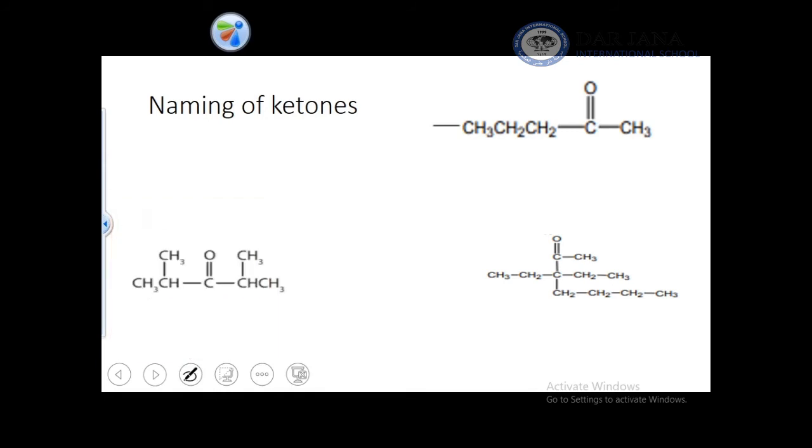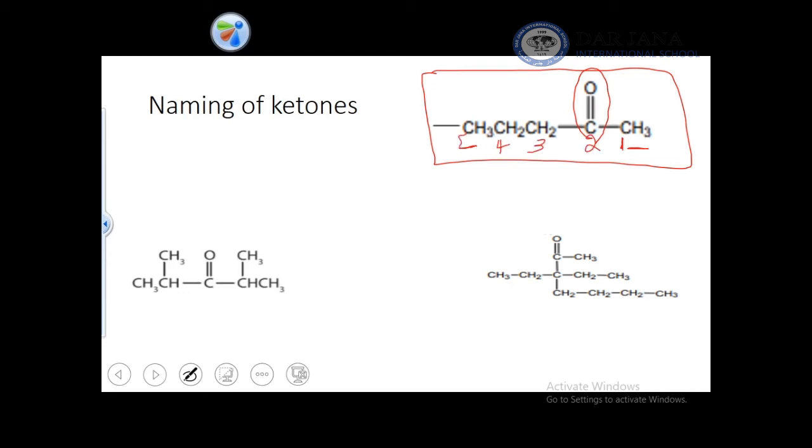Let's take this molecule. Number the chain starting with the end closest to the ketone group. I have this end and that end. I will start from the right side because this end is closer to the carbonyl group, the ketone group. So this carbon will be carbon number 1, 2, 3, 4, and 5.